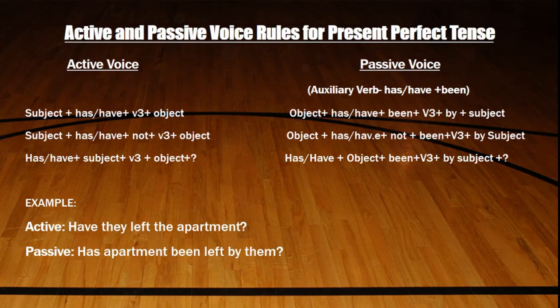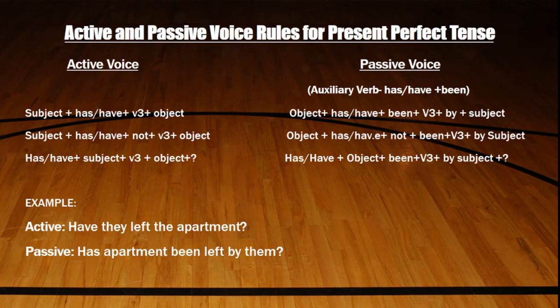And in the case of the passive, it's like object plus has, have, and then not, plus being, plus the third form of the verb followed by subject. Now in the case of the interrogative sentence, it is has, have plus subject plus third form of the verb with the object.